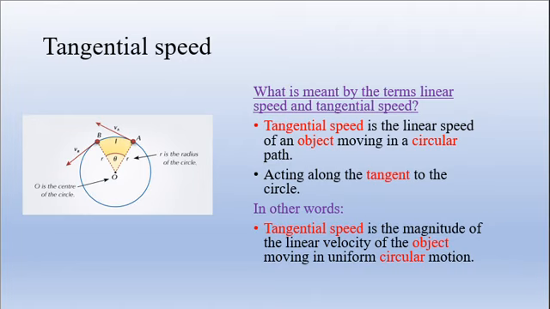Tangential speed is linear speed applied to uniform circular motion, and it acts along a tangent to the circle.